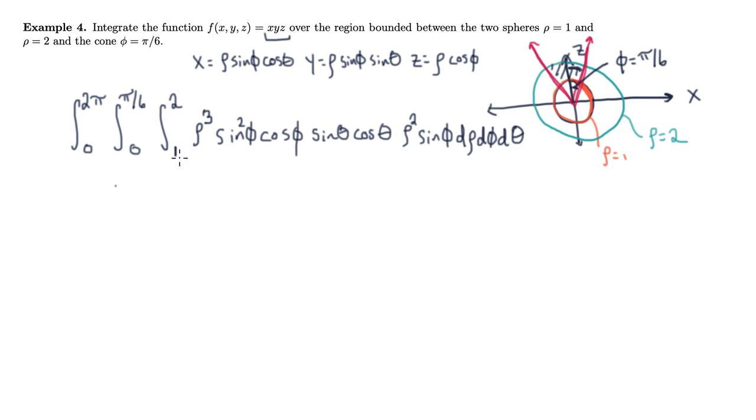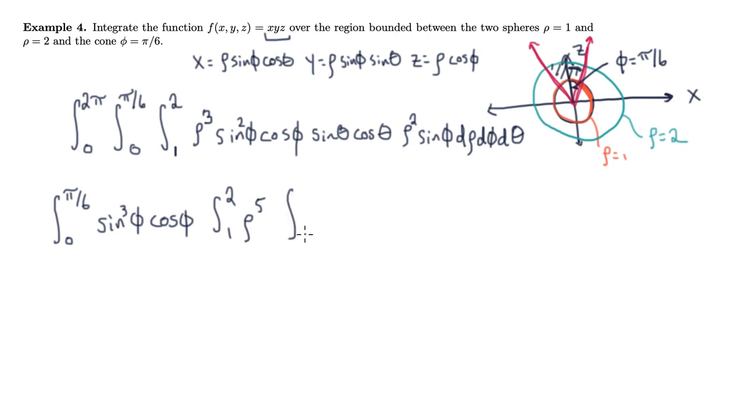So what I'm going to do is I'm going to put phi last. And because none of the limits actually depend on any of the variables, I can just mix and match all I want. And let me put all of the phi stuff out here. So that's sine cubed phi times cosine phi. And then I have my rho integral, and I'll leave my rho to the 5th in there.